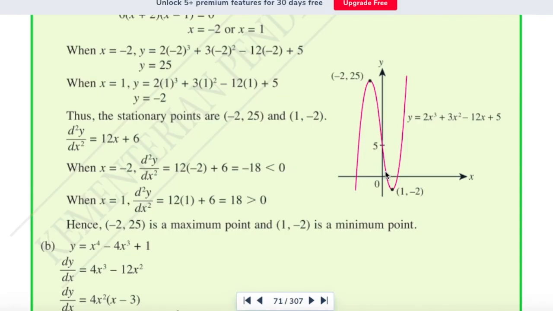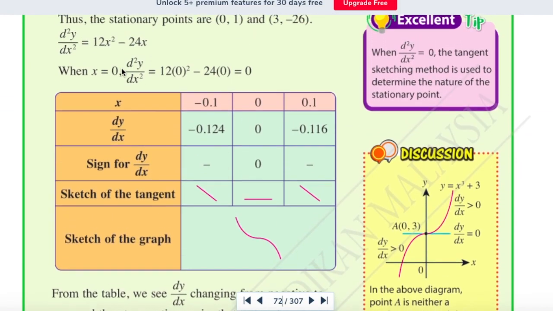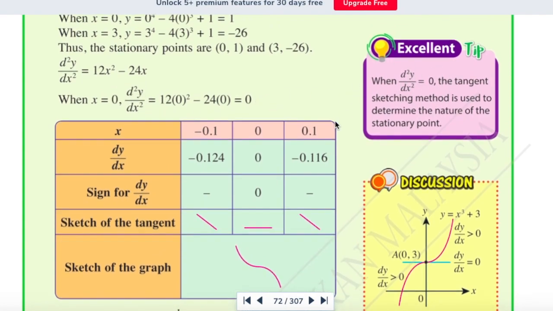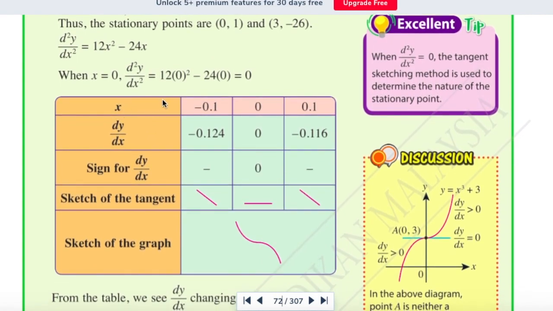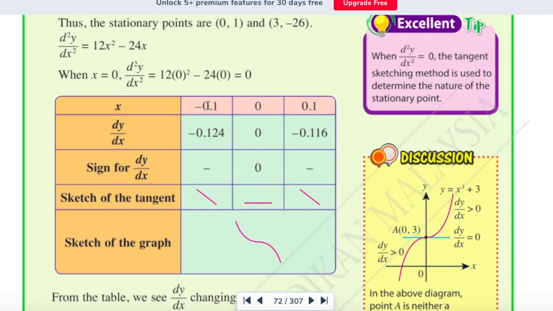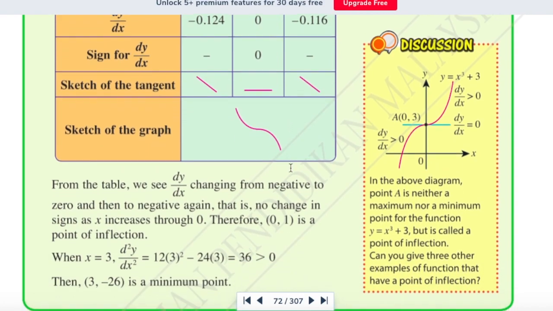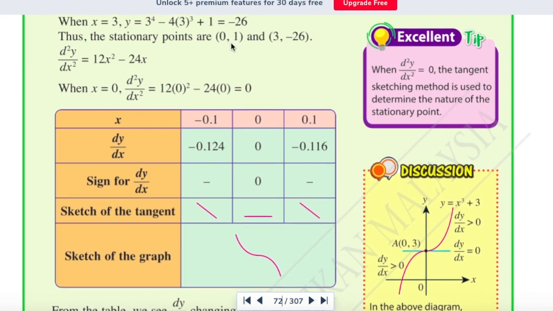When d2y/dx2 equals 0, you use the method in example 16: substitute the x in front and behind, plus minus 0.1, into your dy/dx function. You get negative, meaning it never changes sign. If the sign never changes, it is a point of inflection. So it proves that (0, -1) is a point of inflection.